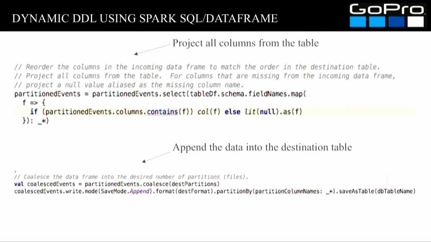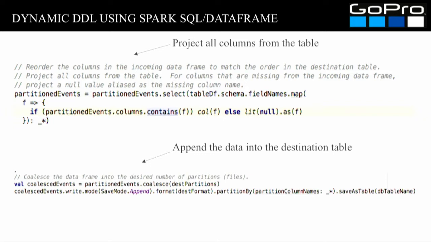Okay, so next, this is really important for the dynamic DDL. After we alter the table, we got all the new columns. We have to reorder the incoming data structure to match the destination table structure.